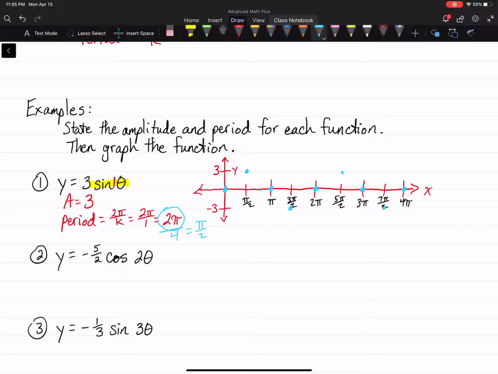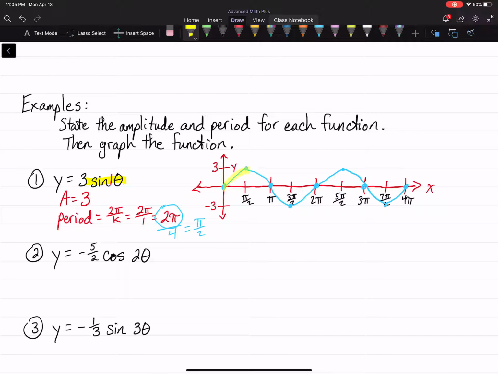You go up, down, up, down, up, down. And then you draw your graph. As you can tell, one full wavelength takes 2 pi to get through. So that's one period. I graphed 2 periods' worth of the graph. Amplitude is 3.